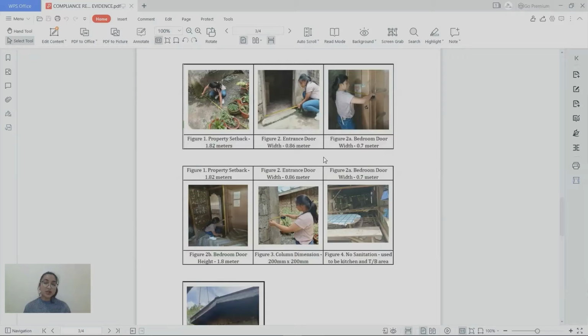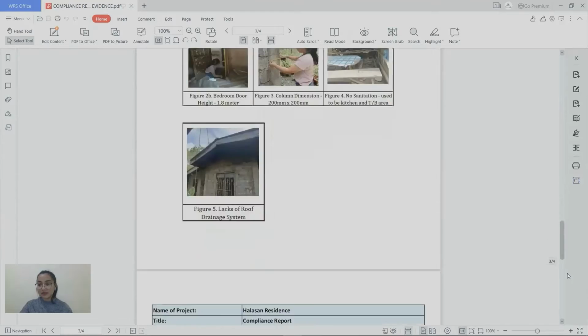The bedroom door is 0.7 meter, and the height for the bedroom door is only 1.8 meters. So, again, hindi siya ganun kalaki yung kulang, but then again, hindi pa rin siya pasok sa proper standard. Hindi pa rin siya pasok sa standard measurement or standard dimension na hinihingi.